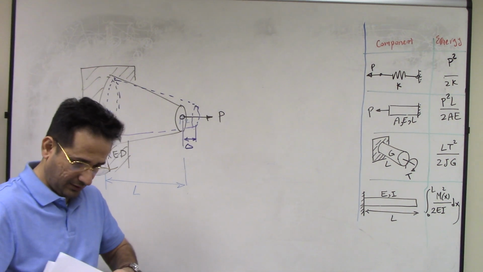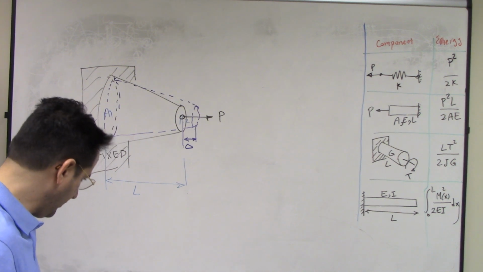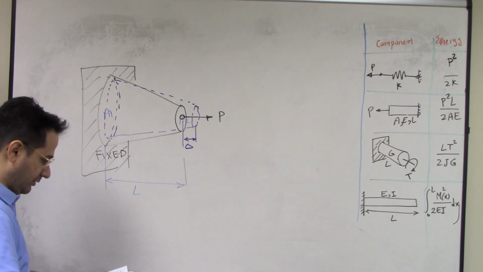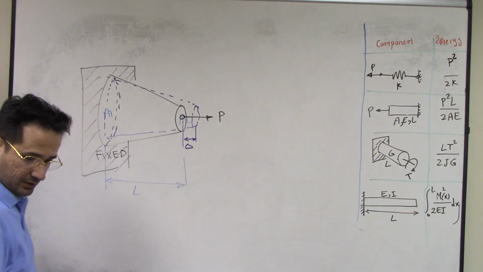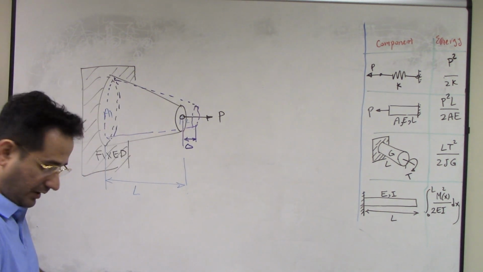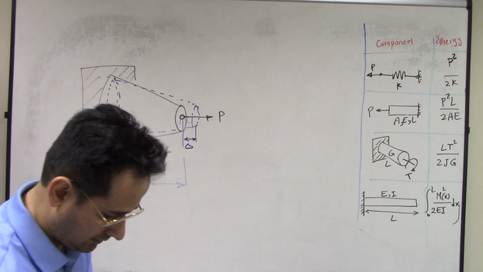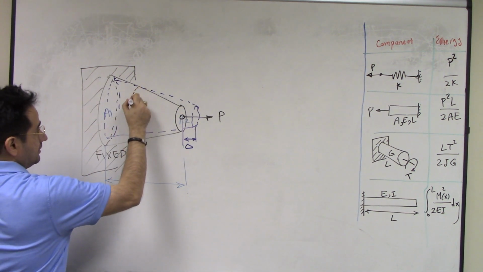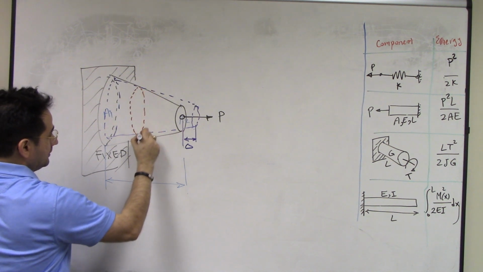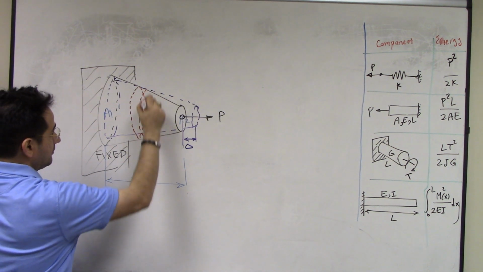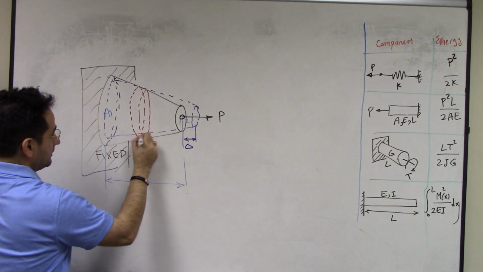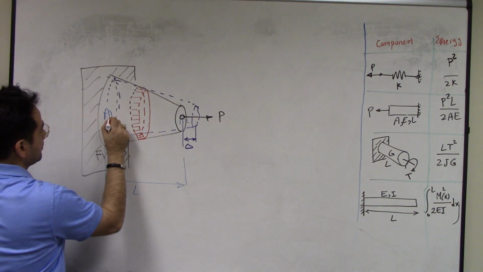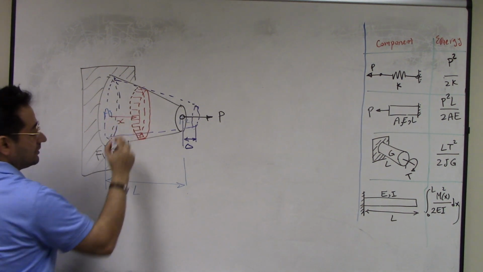Again, as we know, the most obvious choice in energy methods is to start with the energy of a part of the system. So in this case, consider a cylindrical cut, a slice like that at distance x with respect to the bottom.